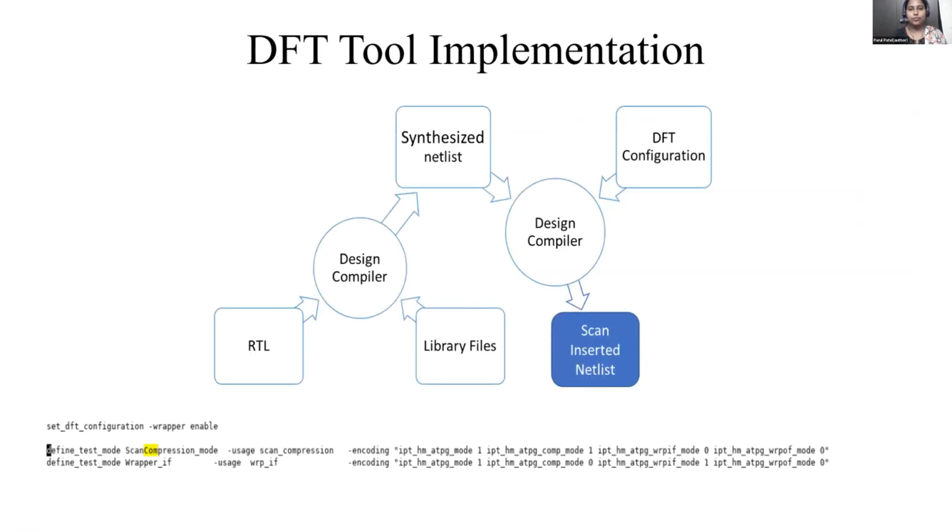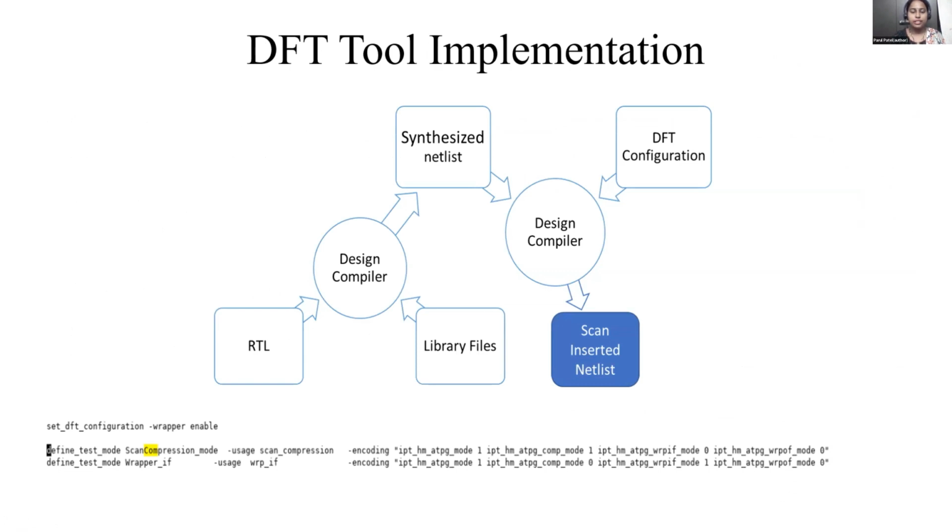Now, how do we add this extra circuitry under design for testability? Firstly, we have our basic design in RTL format, with code in Verilog or VHDL. Then we have a tool, Design Compiler. In Design Compiler, first we synthesize to get a netlist.